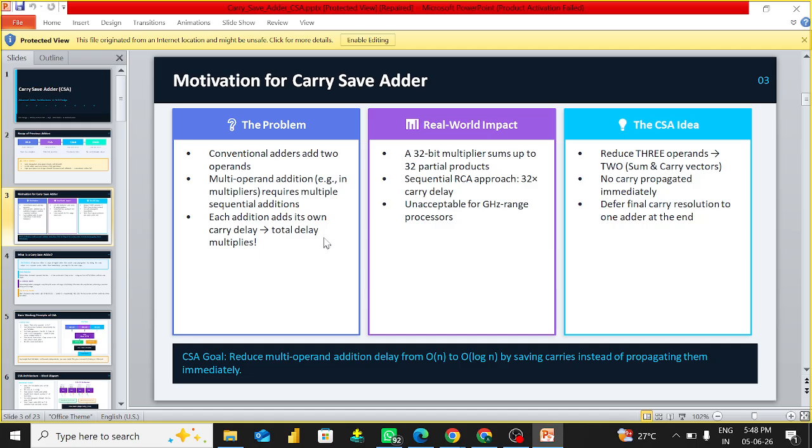Obviously, the delay will become huge. It will create more delay, because at each stage you generate a carry, and the design keeps wondering what to do with this carry.